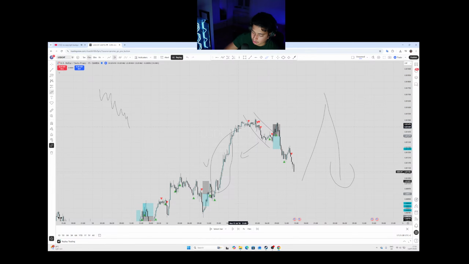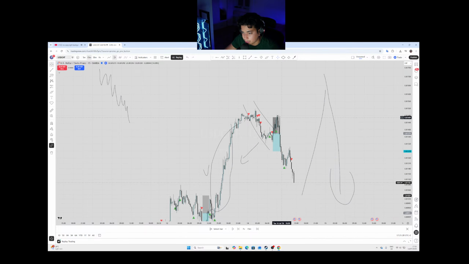The market also moves in a balance, so whenever there is imbalance, the market tries to balance it. That's what I was expecting, for the market to target this imbalance. It did target the imbalance, but later, not at that time.